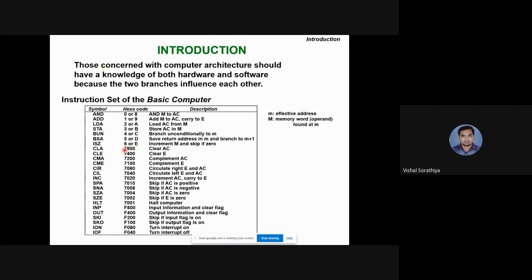That 16-bit number is fetched first and decoded into 3 parts. The first part says under which condition this particular code lies, whether it is a memory reference instruction, a register reference instruction, or an input-output reference instruction. If it is a memory reference instruction, then there is direct memory address or indirect memory address.